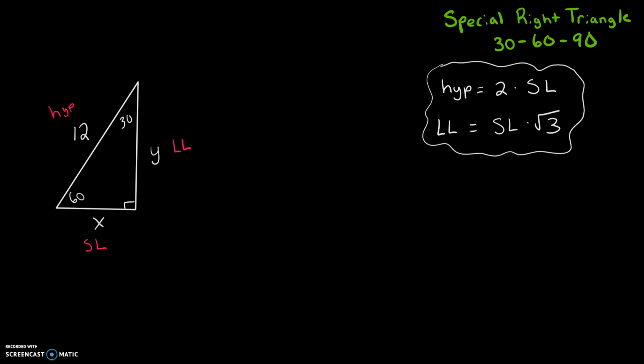The only value I know is the hypotenuse, so I'll use that formula first. I will say that 12 is equal to, we said 2 times the short leg, so it'd be 2 times the short leg, which in this case is x. So that is 2 times x, and now we just solve for x. So we divide both sides by 2, and we get 6 is equal to x.